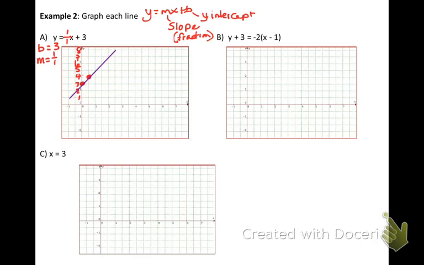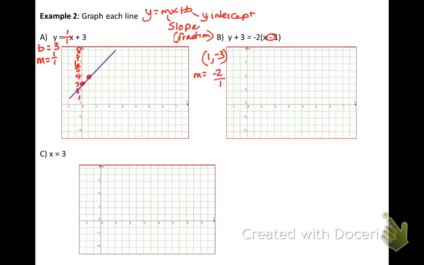Okay. Now, if you have it in point slope form, it's a little different. For point slope form, you put your point first, and you start with x, so that would be 1. It's always going to be the opposite of the sign in front of it, so it's going to be 1, negative 3. And then you tell me what the slope is, which is negative 2 over 1.